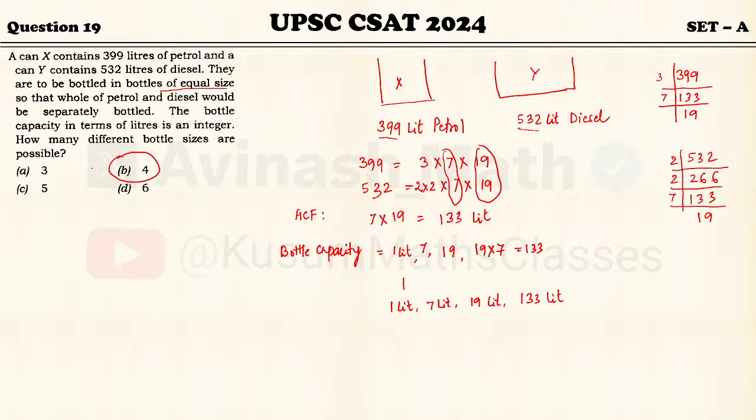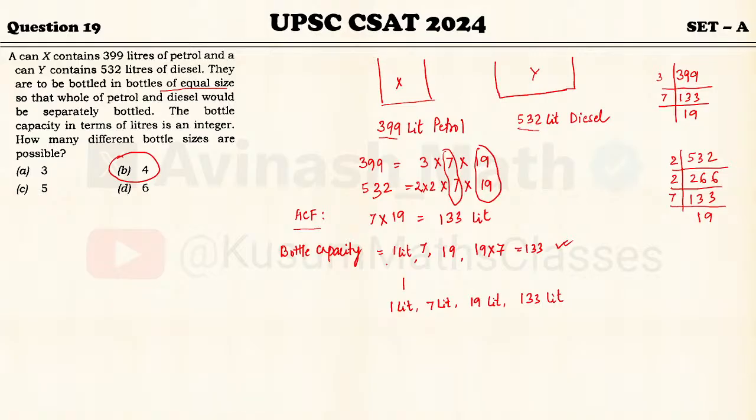तो हमारे पास 399 लीटर ऑफ पेट्रोल एंड 532 लीटर ऑफ डीजल है। इनको इक्वल बोतल साइज में रखने का है, राइट? प्रॉब्लम सिर्फ इतना है। तो 399 और 532 का हाईएस्ट कॉमन फैक्टर क्या हो सकता है? दिस इज 7 मल्टीप्लाइड बाई 19 इज 133 लीटर। सो हम 7 लीटर के बॉटल्स में भी दोनों को कंटेन कर सकते हैं, 19 लीटर के बॉटल्स में कर सकते हैं, 19 मल्टीप्लाइड बाई 7 मीन्स 133 लीटर के भी बॉटल में कर सकते हैं, एंड 1 liter will definitely be an answer.